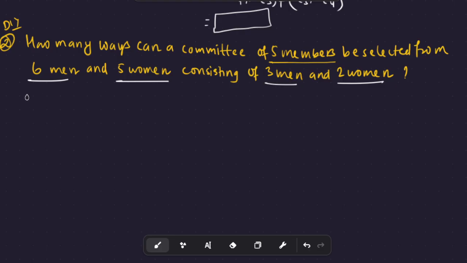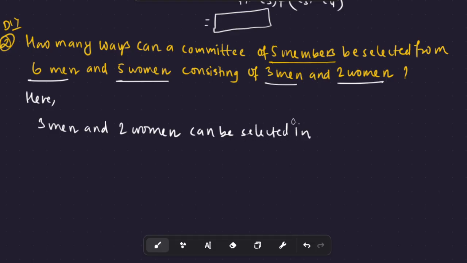Okay, then here you can write three men and two women can be selected in 6C3 times 5C2 ways. There are no other options here because the question has given us a fixed number of men and a fixed number of women in the committee.